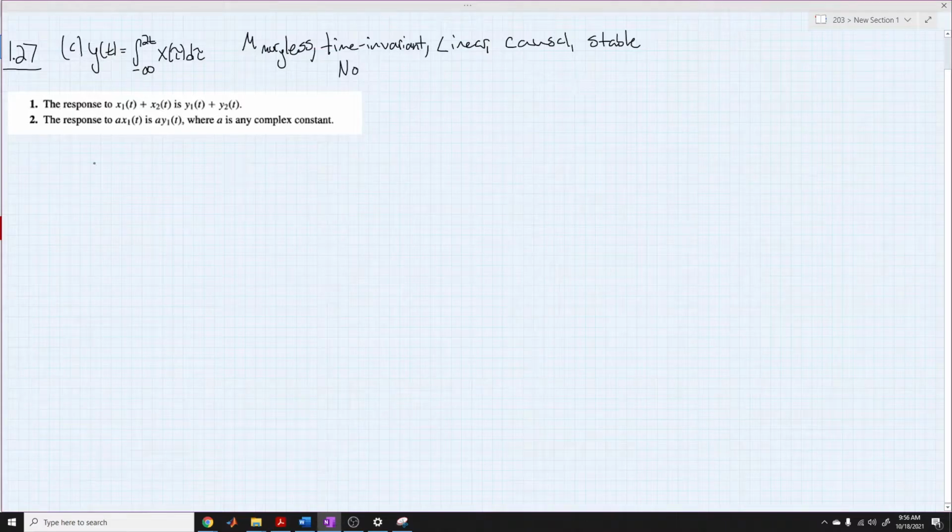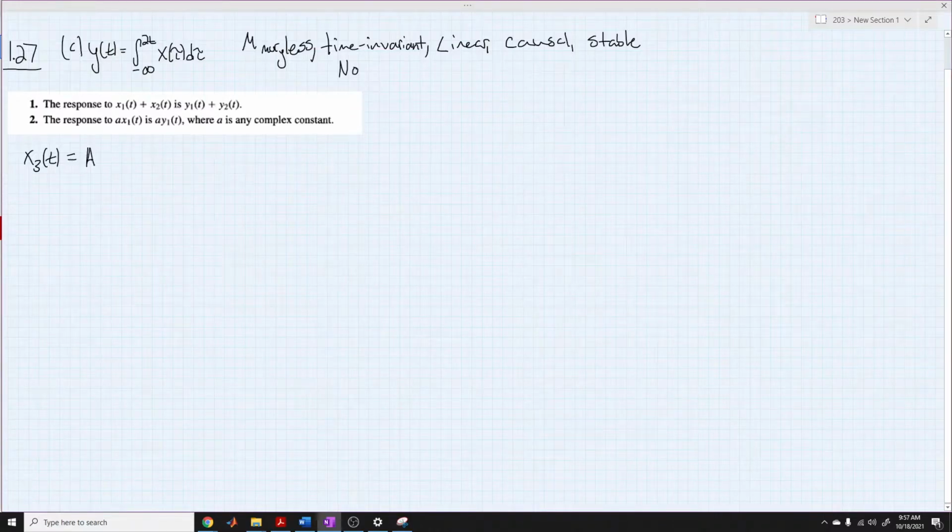And now we're going to check to see if it's linear. Now, when we talk about a linear system, if we have some input x3 of t, that's just saying that x3 of t is some scaled superposition of two other inputs.